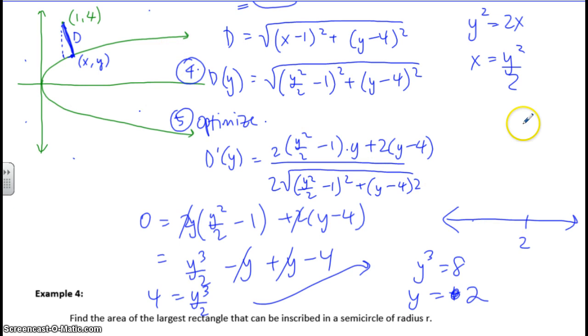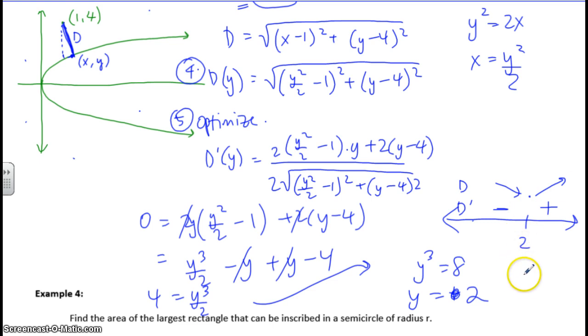So if I plug in 0 into this formula, it'll become negative, and then this will be positive if it's greater than 2. So then it will become a minimum value. So this would be d prime and d. You'll have a minimum distance at y equals 2.